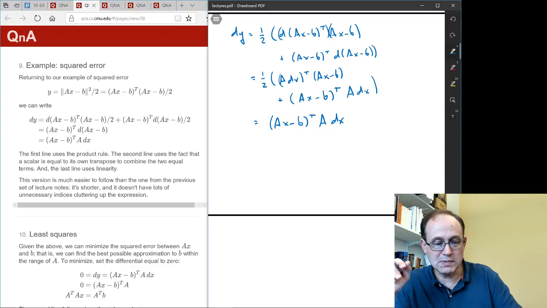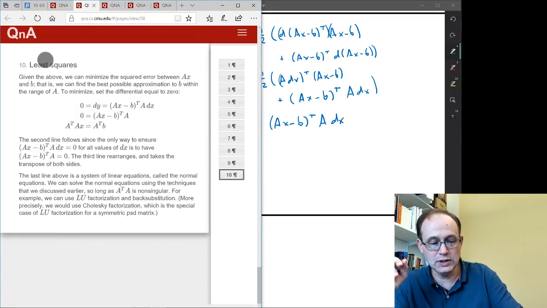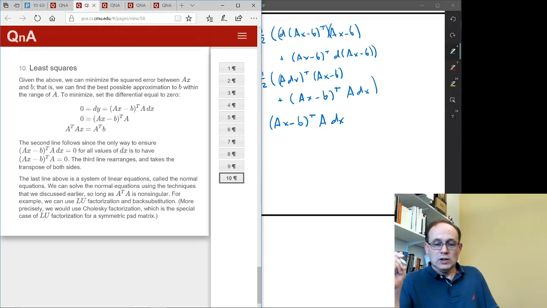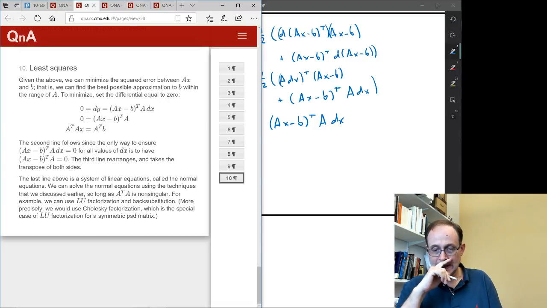All right, so coming back to the squared error example, we said that one of the reasons we might want to take the derivative of squared error is to minimize it. So if we want to minimize the squared error between ax and b, we want to set the differential of ax minus b norm squared to 0, and that's going to find us the x such that ax is as close as possible to b in the sense of minimizing the squared 2 norm.